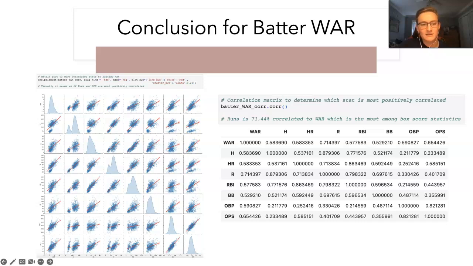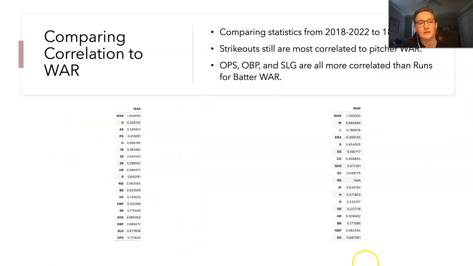And speaking of the last 5 years, I thought it would be interesting to compare this to different years, so I decided to use all data collected before the year 2000 for all baseball. And so on this right plot right here, we have that correlation matrix with all the statistics that I had gathered in that first pitching data frame.